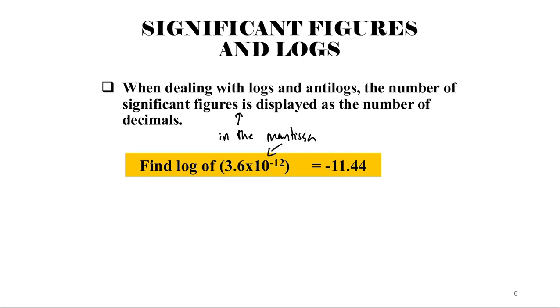So if you have 3.6, we have 2 significant figures, and that means that we have 2 decimal places in our answer.